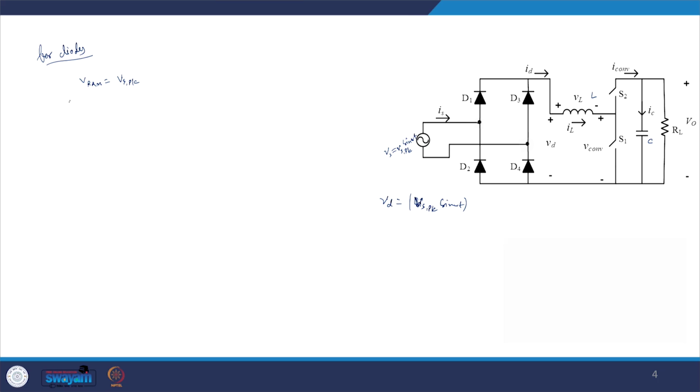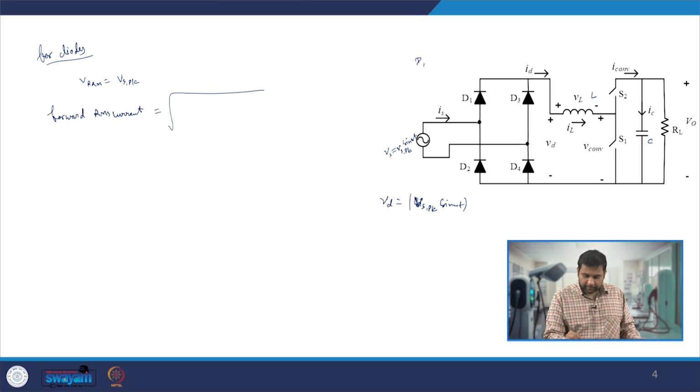Similarly, one can calculate the forward RMS current. In one line cycle, D1 and D4 will be in conduction from 0 to T by 2, while not conducting from T by 2 to T, and then the cycle repeats after one line cycle.